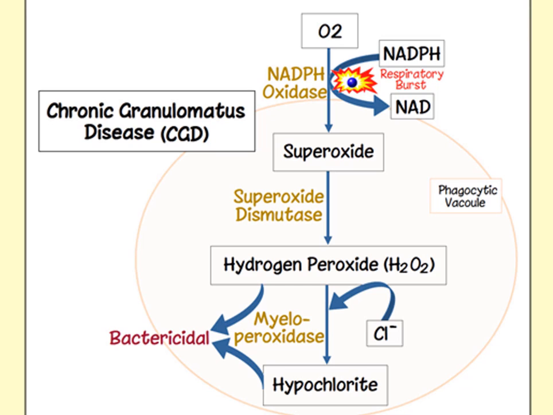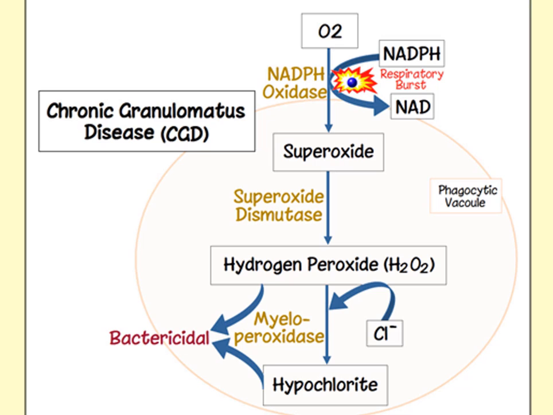So normal individuals have respiratory burst, and you can identify it with nitro-blue tetrazolium or chemiluminescence tests. These patients fail to have respiratory burst.